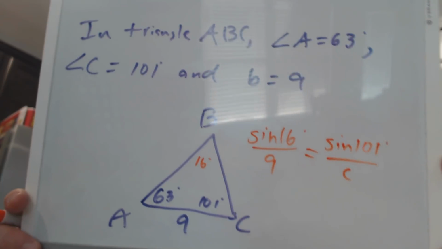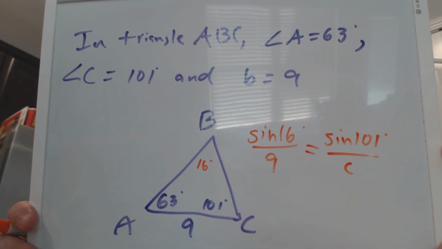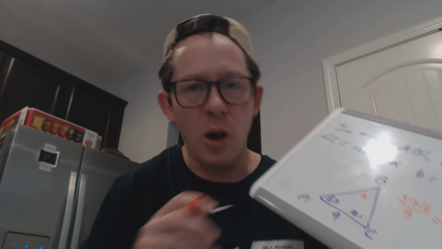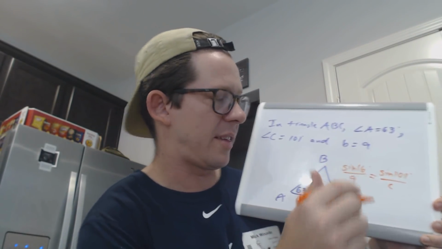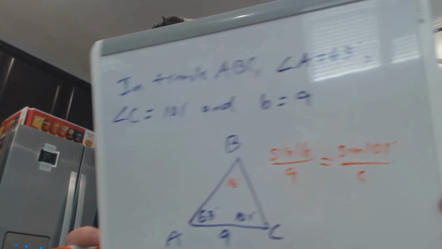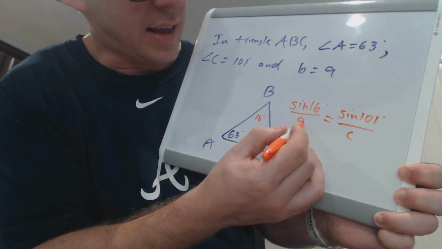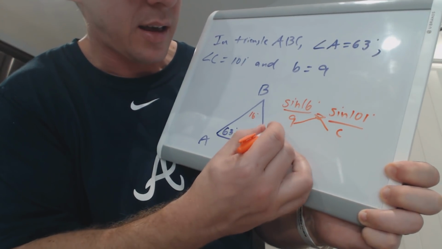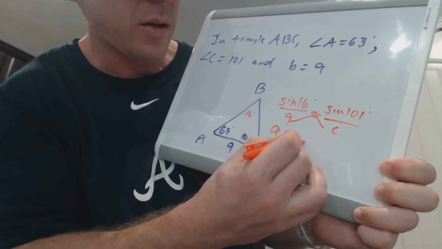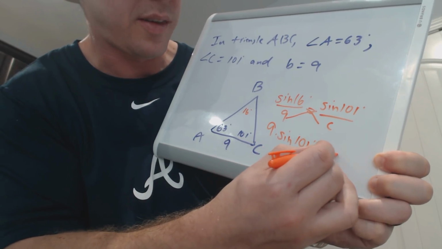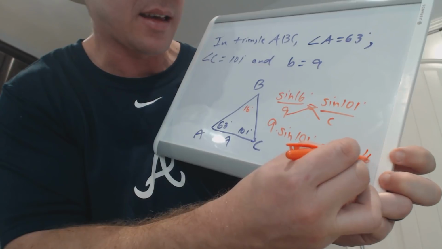Do you think side C is going to be larger or smaller than 9? Okay. I bet you anything it's larger than 9 because 101 is larger than 16, okay? But think about how we solve this right here. It's just a proportion, right? So look, cross multiply. See this? I take 9 times that. I take C times that. So look, 9 times sine 101 equals C times sine 16, right?